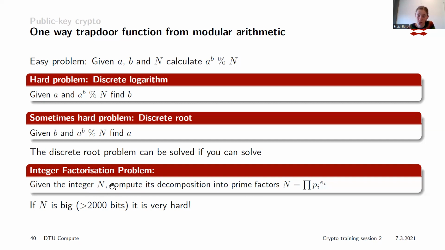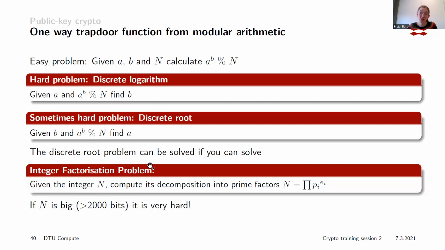This is of course always possible, we know that from number theory, but trying to find the exact primes can be very hard, in particular if n is big. And the n's that are used for cryptography need more than 2,000 bits to represent them in binary. And what gives us the trapdoor for RSA is that we can solve the discrete root problem if we can factorize n.